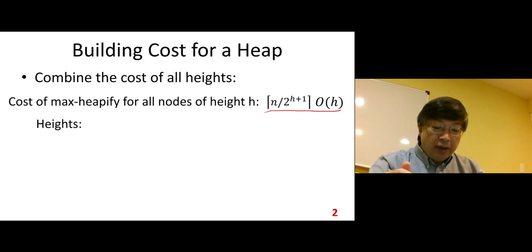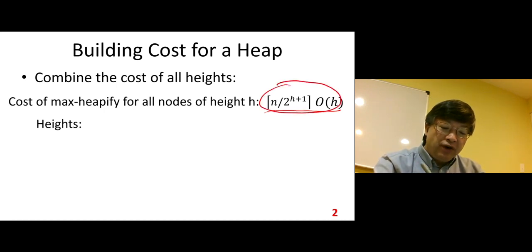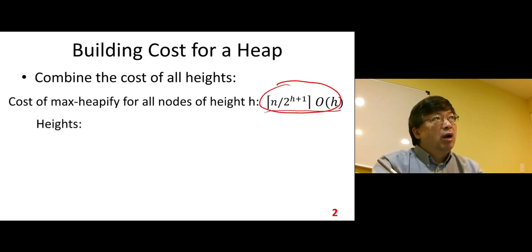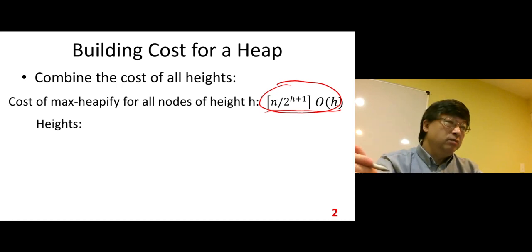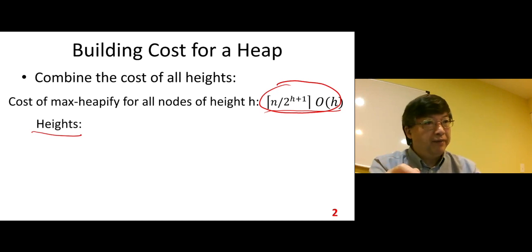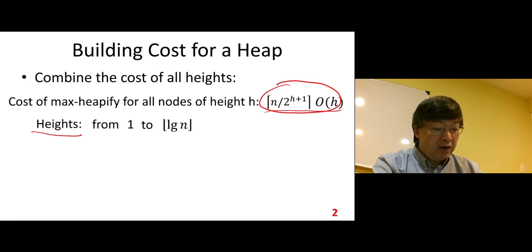Now, we apply this formula for different H. What are those H numbers we want to apply this formula to? We want to look at that first. The heights we want to apply this formula to are from 1 to the floor of log of n, log base 2.